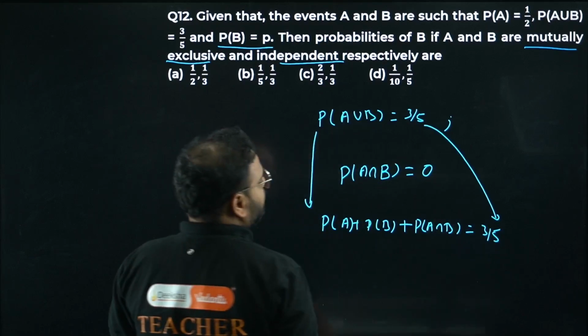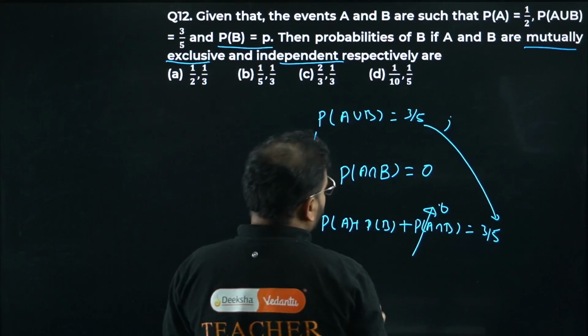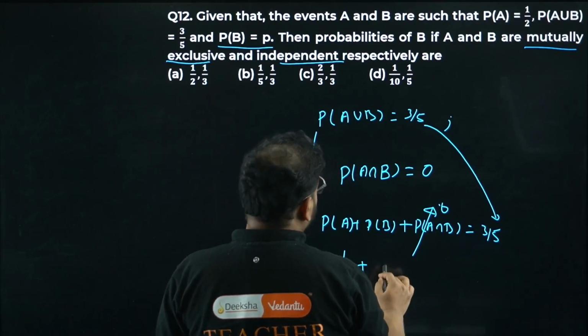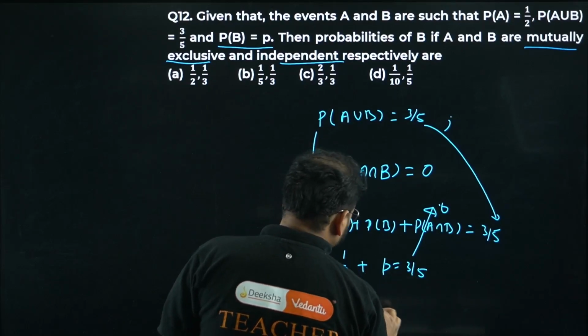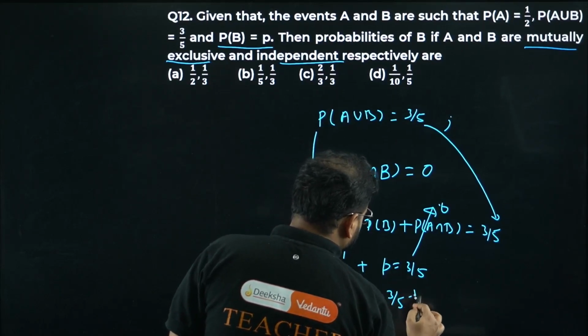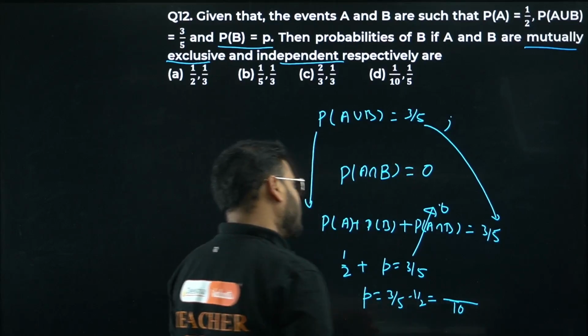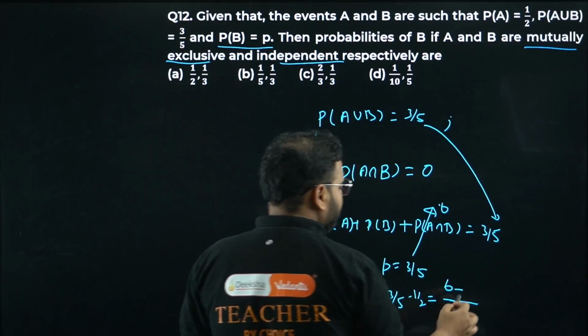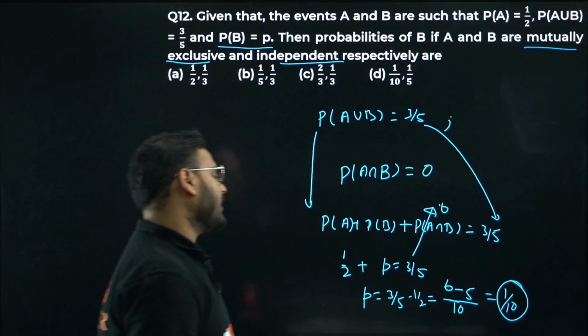Have a look. This is 0. So I get from here P(A) is how much, sir? 1 by 2. P(B) is how much, sir? P. 3 by 5, I'm looking for the value of P only, right? So 3 by 5 minus 1 by 2, LCM will be, please check, 10. 5 2s are 10, so 3 2s are 6. 2 5s are 10, so 1 5 is 5. I get 1 by 10.